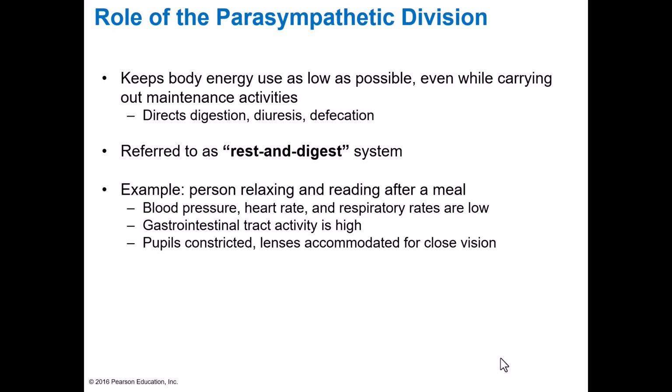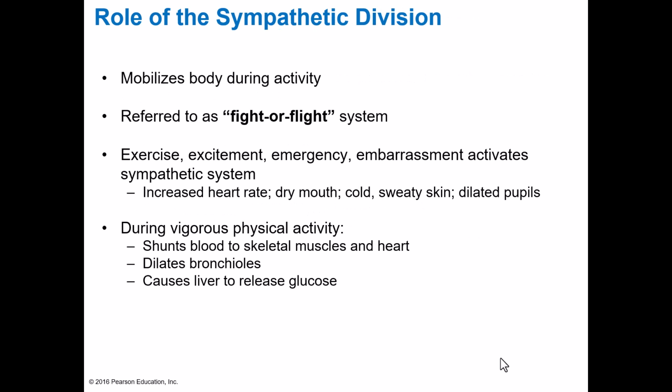So these signals are going to be sent while you are resting and while you are digesting. Whereas the sympathetic division is the opposite. Its job is to get your body ready for some type of activity. And we refer to that as the fight or flight system. So it's going to excite a lot of things, whereas the parasympathetic division may calm some of those target organs down.